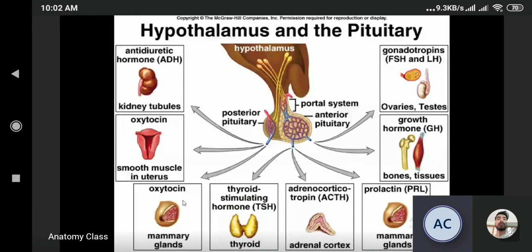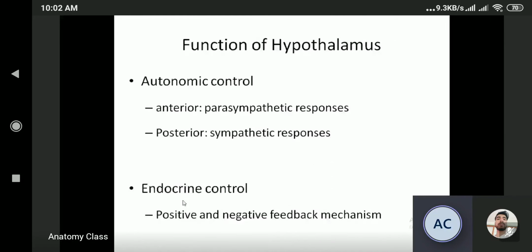And we'll go for the functions of the hypothalamus. So hypothalamus has numerous functions, as the hypothalamus is considered the head ganglion of the autonomic nervous system. The higher control of the autonomic nervous system is done by the hypothalamus.